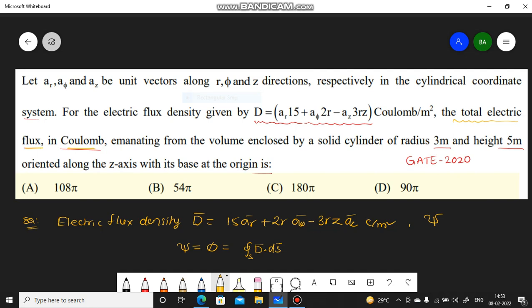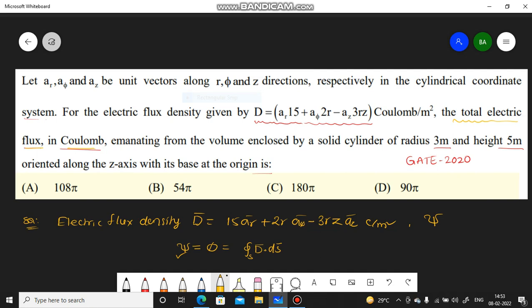Now, if you want electric flux psi from D bar, we can directly substitute in this integrand, and if we calculate the integral, then we will get psi.